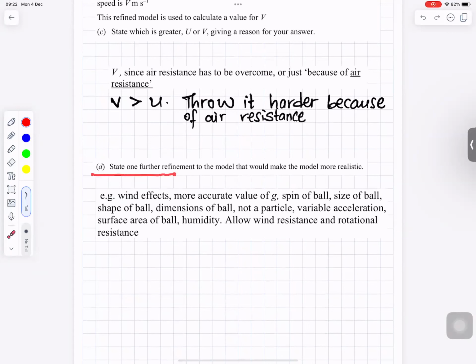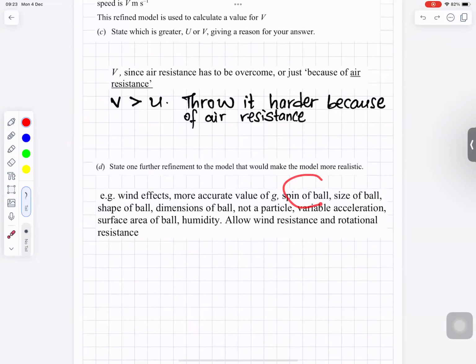Part D, state one further refinement to the model that would make the model more realistic. Usually it's air resistance, but they've used air resistance in the first part. We can think of the wind effects. The wind could be spinning. We use a more accurate value of g. We have used g as 9.8. It could be 9.81 something, an accurate value of g.